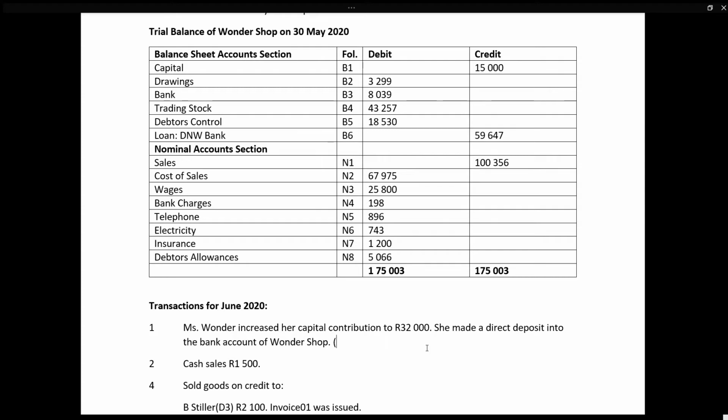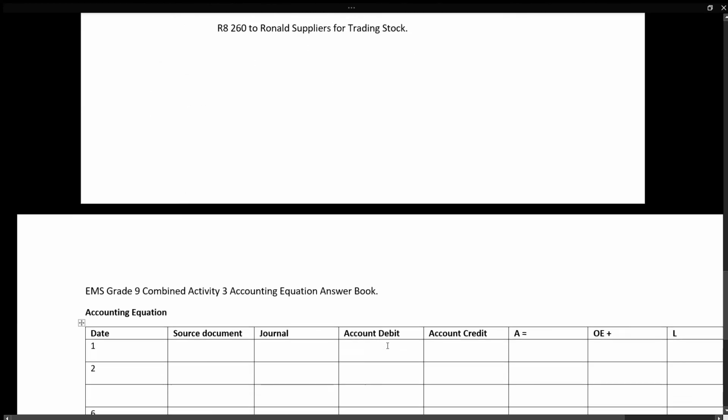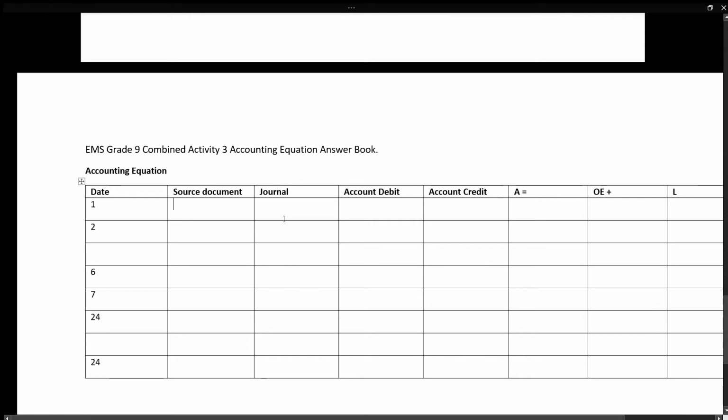So this transaction's value will be 32,000 minus 15,000, and that will equal 17,000. Let's go and put that into my accounting equation. Now it was a direct deposit, which means my source document must be a bank statement.